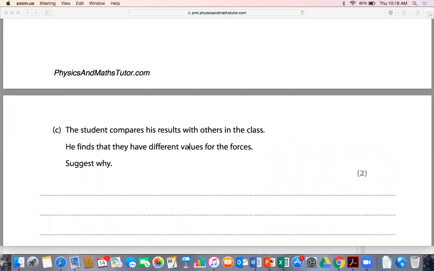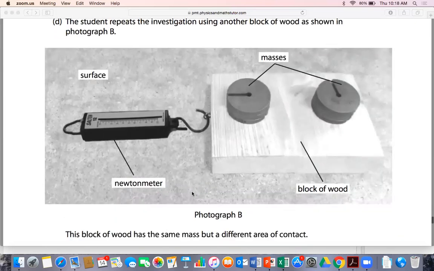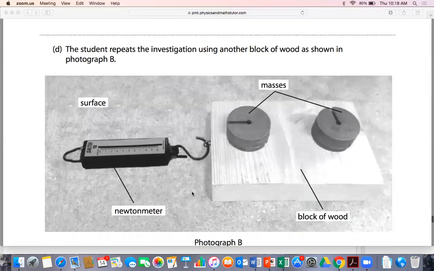Actually, they're using the same type of wood all the time. No, because they didn't say the same, they just said you compare results with the others and have different values. If they say they did the exact same thing, then that's a different story. That means you cannot use those things. But they didn't say those things, so you can put that as some of the suggestions.